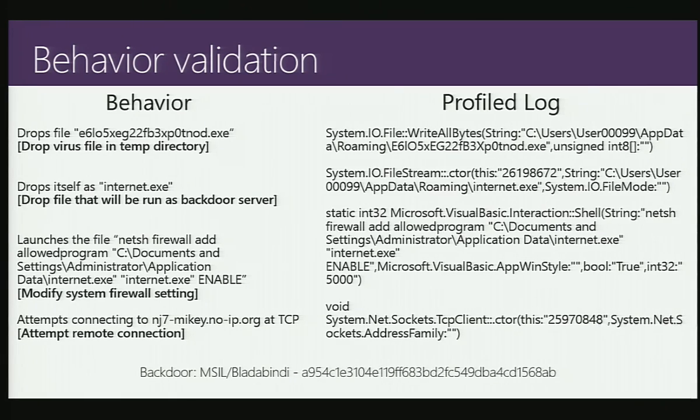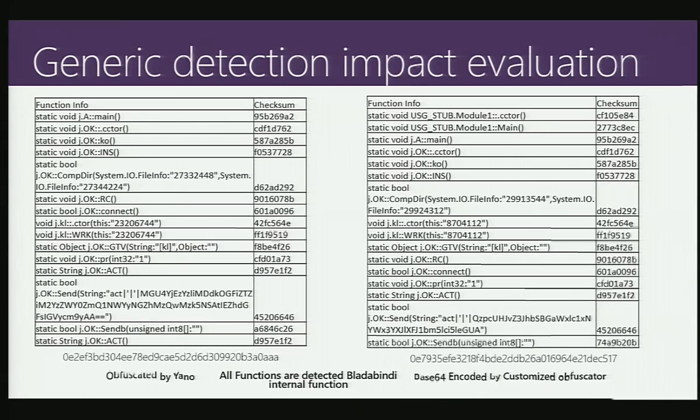But however, I should say that this is not even the most exciting part of my project. The most exciting part of my project is actually the generic detection impact it brings about. Here you can see there are two different Bladabindi samples which are obfuscated with different obfuscators. One is ConfuserEx and one is a customized obfuscator.